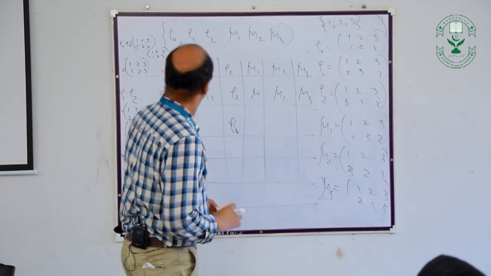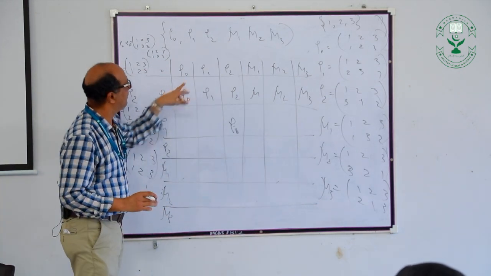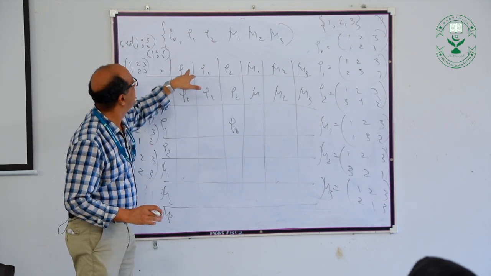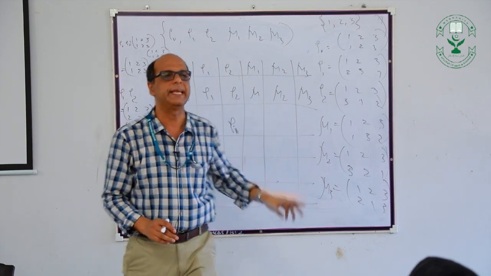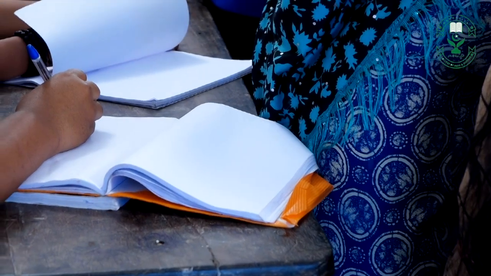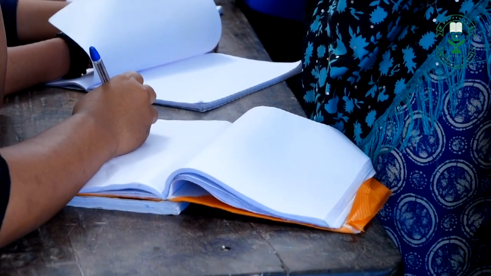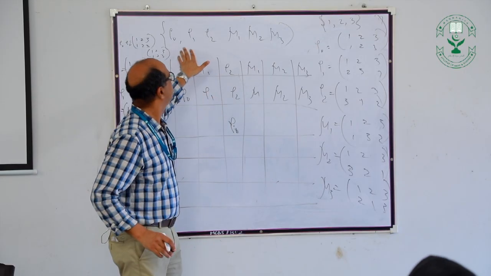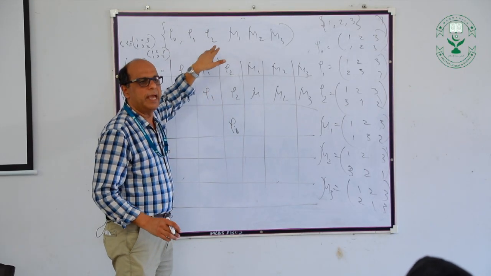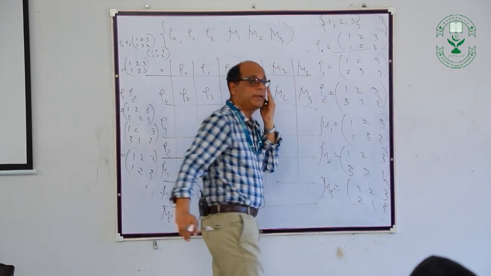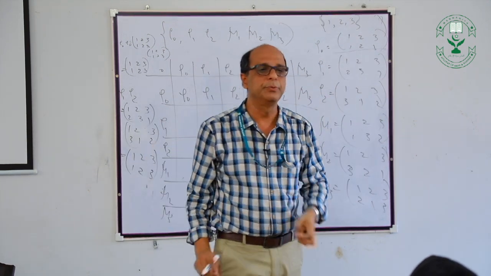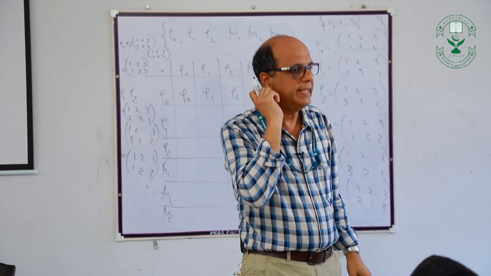If you take any two elements of this set and take their product, you will get again an element of this set. That shows that the operation is binary. Again, you can prove associativity, the identity, and corresponding to every element we can prove that the inverse of every element exists.